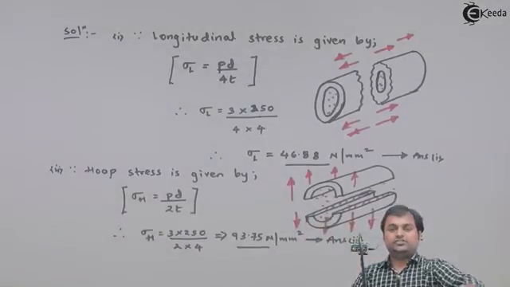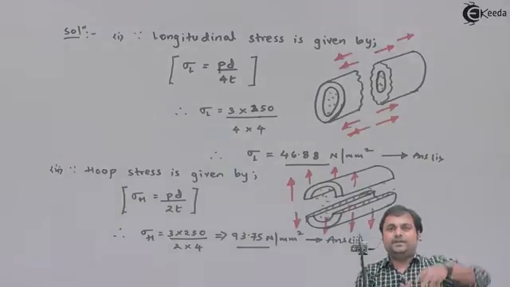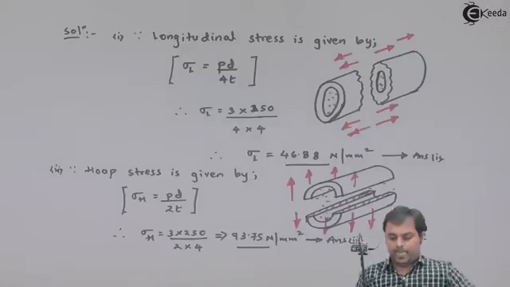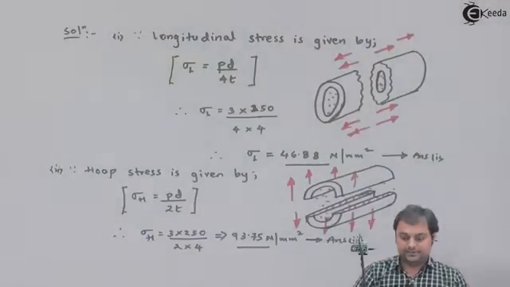That is, instead of breaking the thin cylinder lengthwise, it would break along its diameter. So here we have hoop stress and longitudinal stress. Answer 1 and answer 2 are completed.